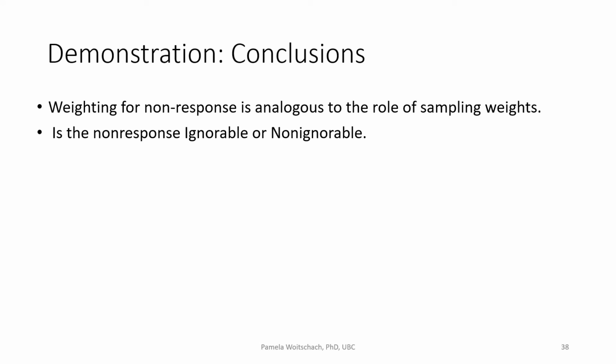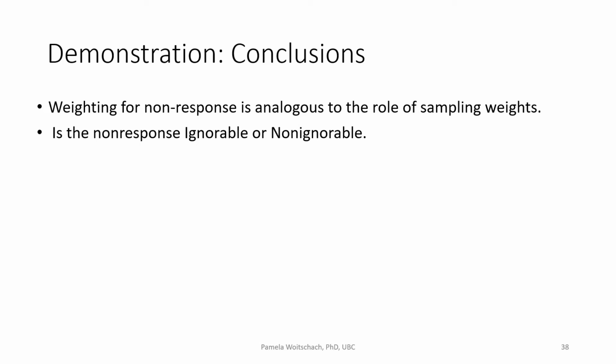Is non-response ignorable or not ignorable? Well, knowing our non-respondents' information is not always feasible. However, nowadays, data linkage can allow us to connect non-respondents' information to different data sets that might contain sociodemographic information, which can allow us to explore the differences between the respondents and non-respondents.